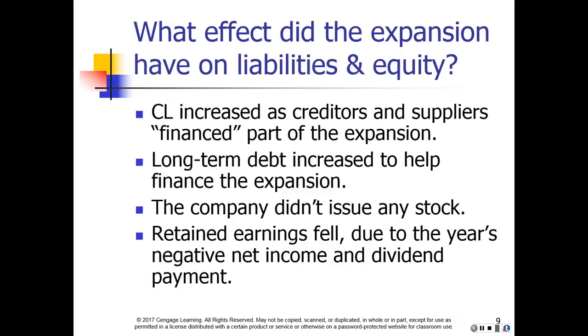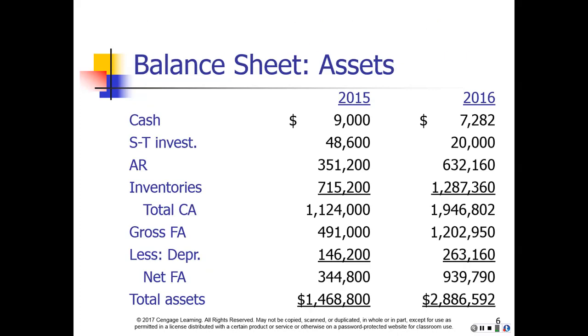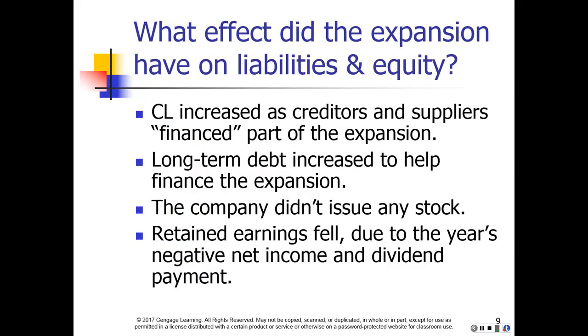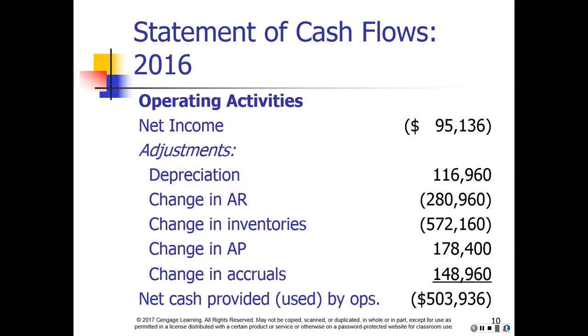So let's go back to the balance sheet, the asset side, and you can see that the cash account goes from 9,000 to 7,282 between 2015 and 2016. If we do the statement of cash flows correctly, then we will see where that difference comes from. Right. So let's look at operating activities. We can start with the net income, which showed us what we had after subtracting all the costs and taxes from the revenues over the year.